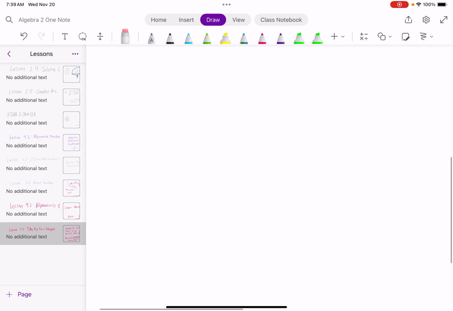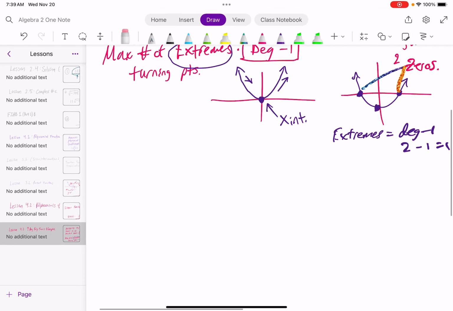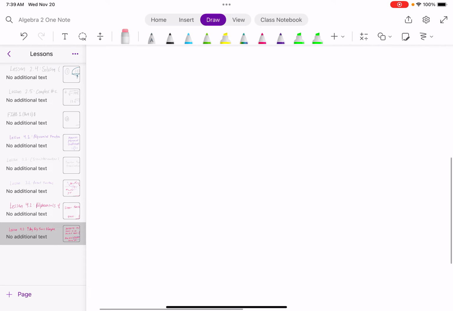All right. So let's get into it. We're also going to learn about end behavior, and I'll get into that later. Number 1. So I hope you're following along with me. Number 1 is, without graphing, determine how many extreme points are in the function and find the y-intercept.